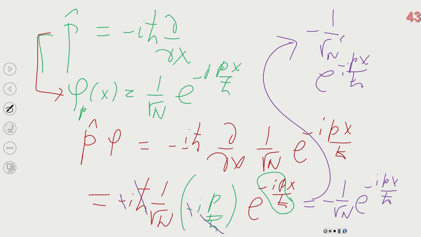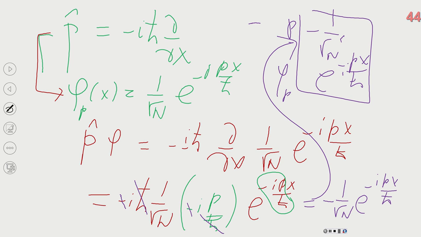But what we see, I'm not going to correct this right now, is that we will reproduce the sign: minus p stays here, minus p times the wave function itself.